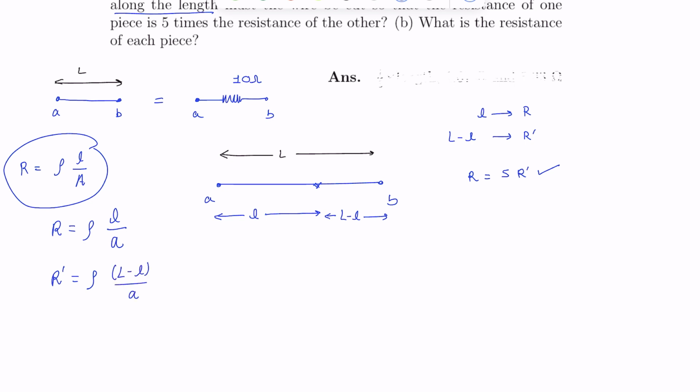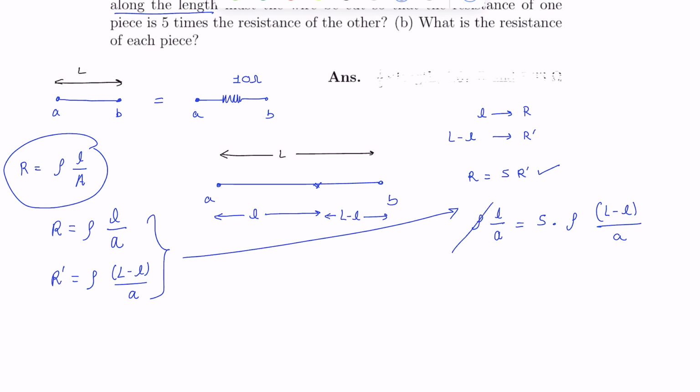So I'm going to use this fact in this equation right here. I'm going to replace R by rho small l divided by small a, and that equals 5 times rho times (capital L minus small l) divided by A. Divide both sides by rho, so we get rid of rho. Multiply both sides by A, so we get rid of A. What you'll end up with is l equals 5 times (capital L minus small l).